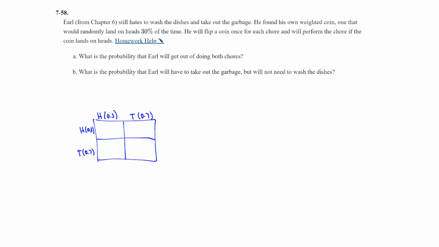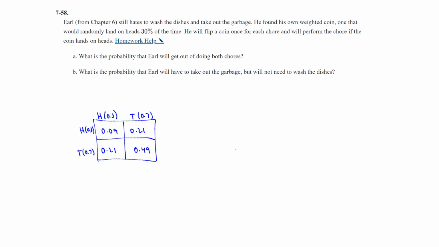Alright, I went ahead and set up the area model, and so what you notice, heads is 30%, tails is 70%, and so I'm going to go ahead and multiply each of these so we can see what the percent or the decimal is for the probability of each of these occurring. Alright, so we have the percentages 9%, 21%, 21%, and 49% written as decimals.